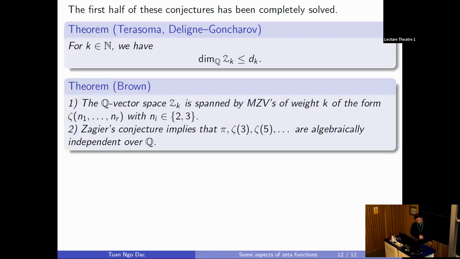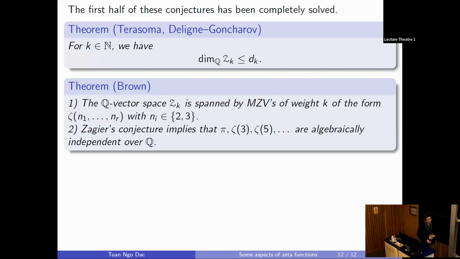Then Brown proved that in fact Z_k is spanned by the MCV given exactly in the conjecture of Hoffman. Francis Brown's second part is much more important.